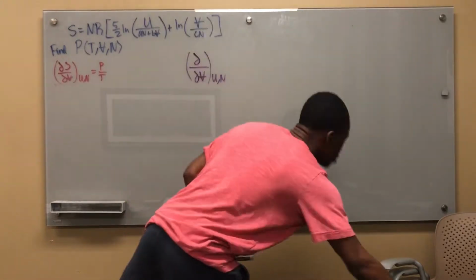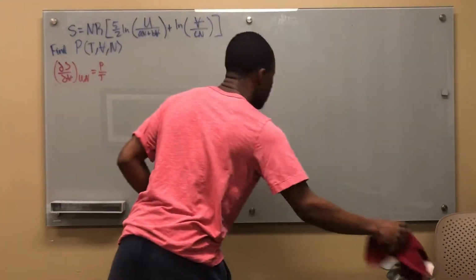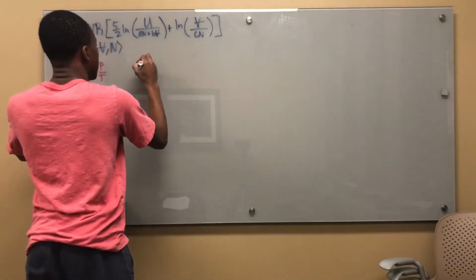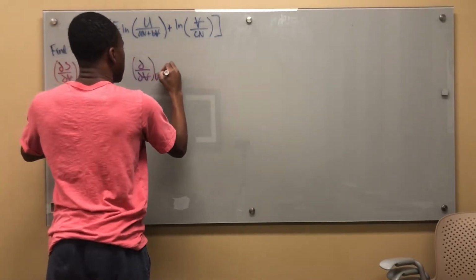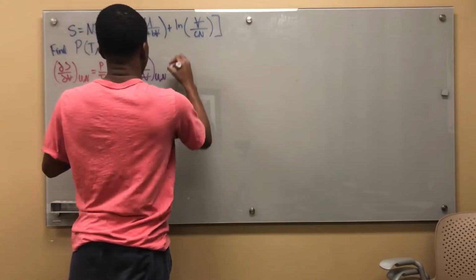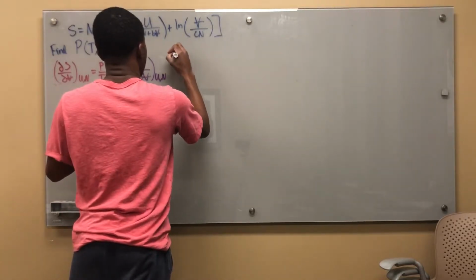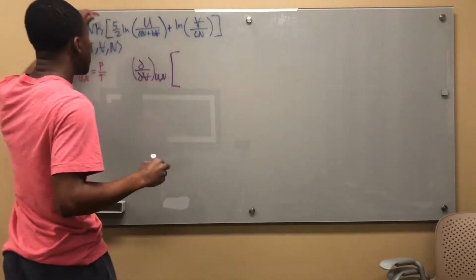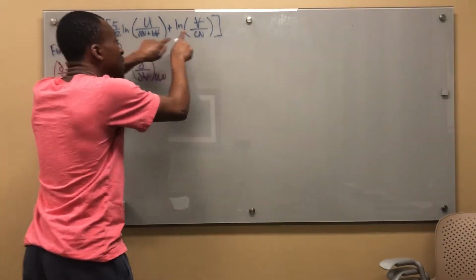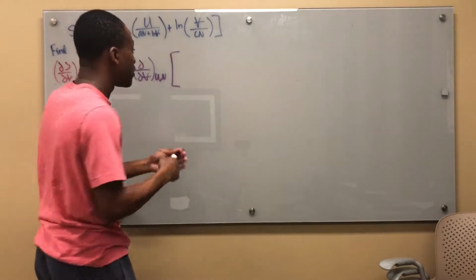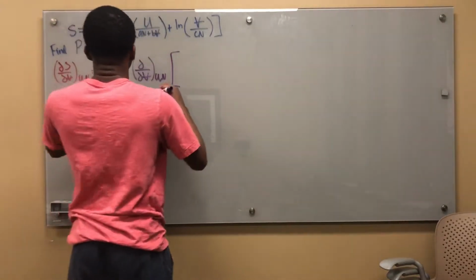Actually, this is going to be pretty long, so let me move it to the left a little bit. But del V at constant U and N of S. So I'm just going to write this whole thing. And I'm going to distribute this to each term, and I'm going to separate these natural logarithm terms even further. And you'll see why I'm doing that in a second.